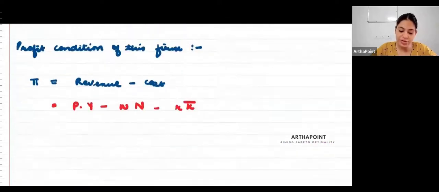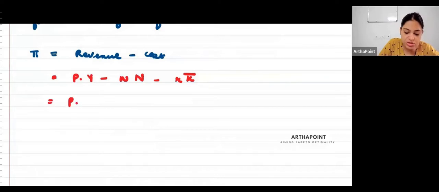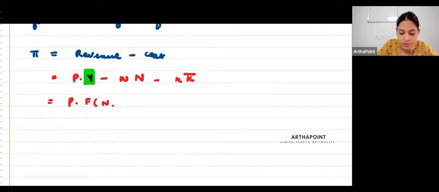So I will differentiate this profit function, equate it to 0, and see where I maximize my profit. So let's write this down. This is P into, instead of Y, output is a function of labor and capital, so F of labor and capital, minus Wn minus Rk.